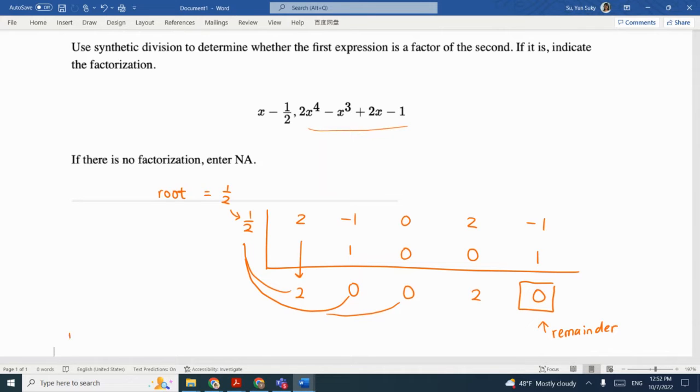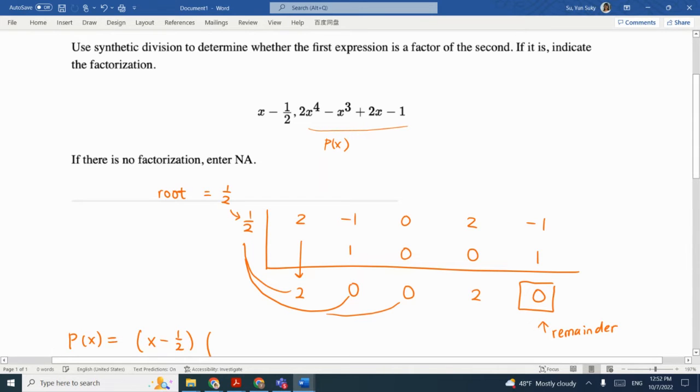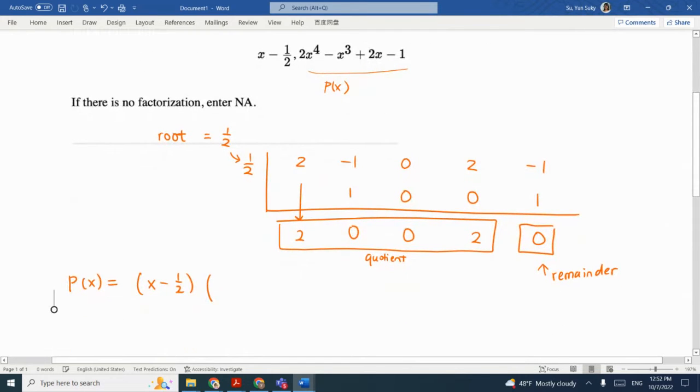So let's say this is p of x. This polynomial can be factored as x minus 1/2, and then the quotient is, you read these four numbers, corresponds to the quotient. The last number is the constant term, so the constant term is 2, and then this number corresponds to the coefficient of x, this number to the coefficient of x squared, and this number to the coefficient of x cubed.